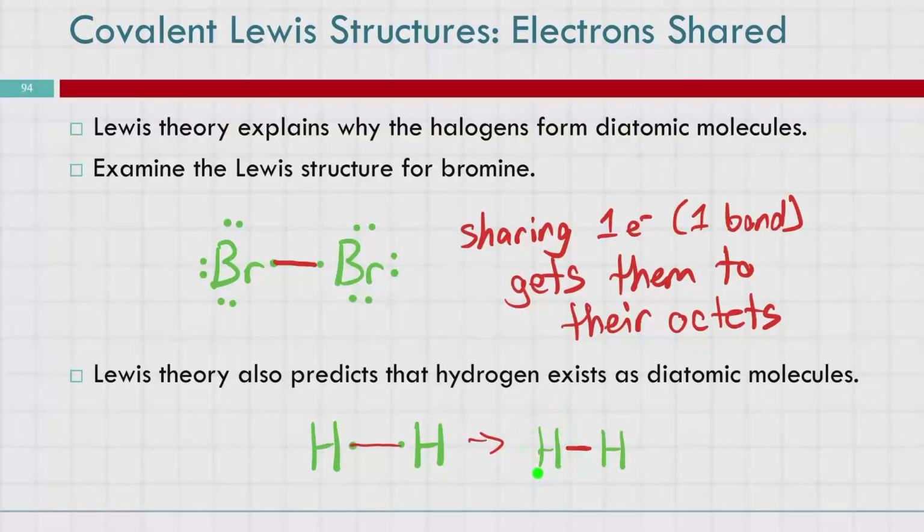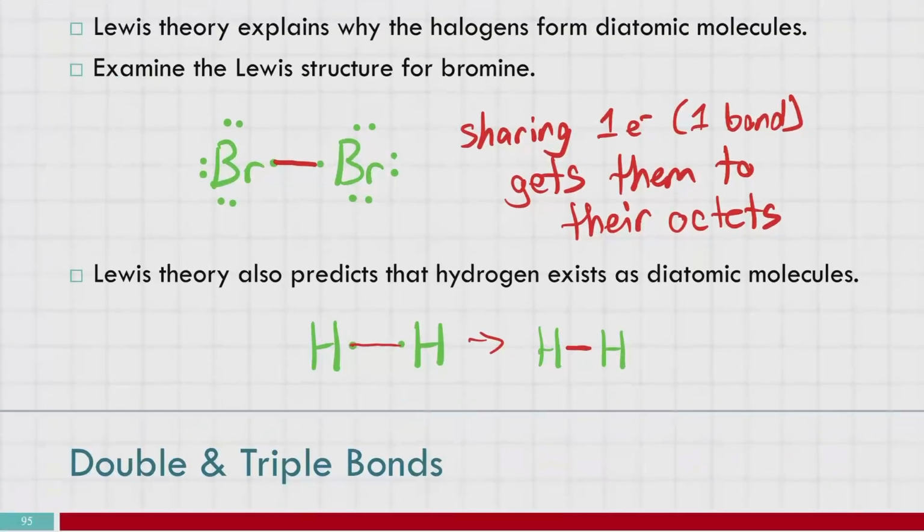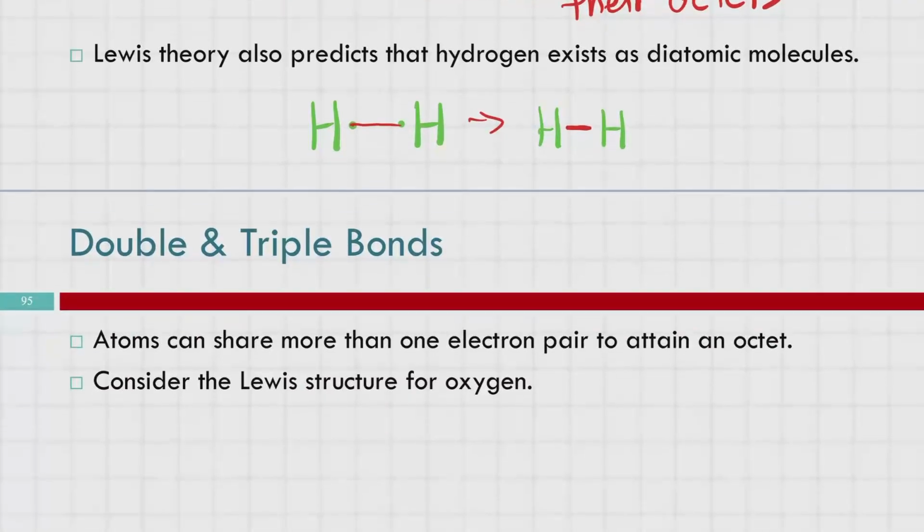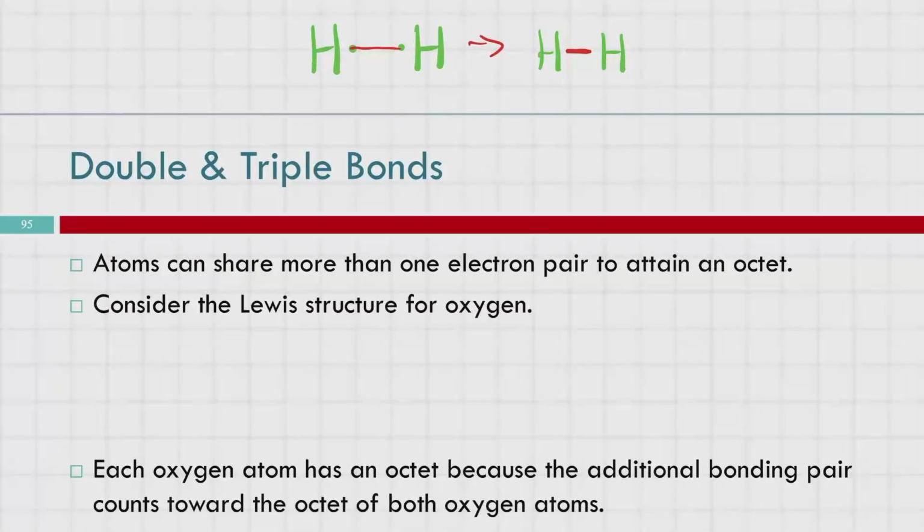The hydrogen on the left, since it has 1 bond, has 2 electrons. It's got its duet. The hydrogen on the right also has 1 bond, 2 electrons. So it's also got its duet. So the hydrogens are happy. So Lewis theory does a nice job of explaining that for us. It also explains some other things.